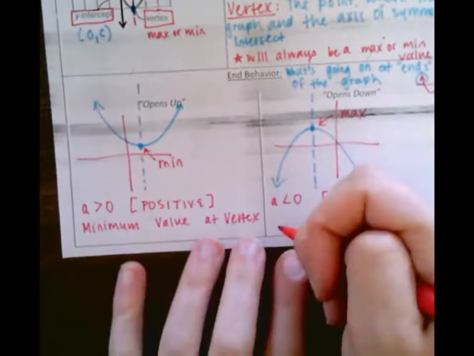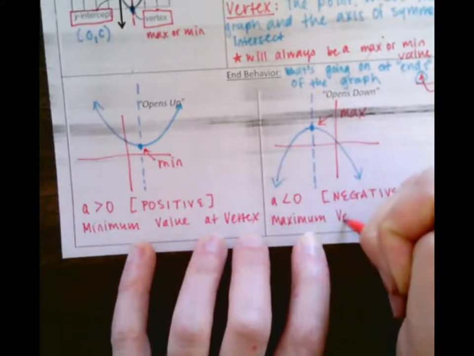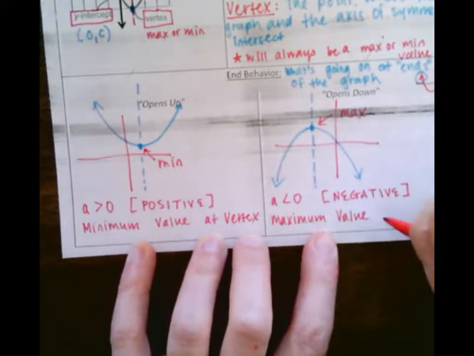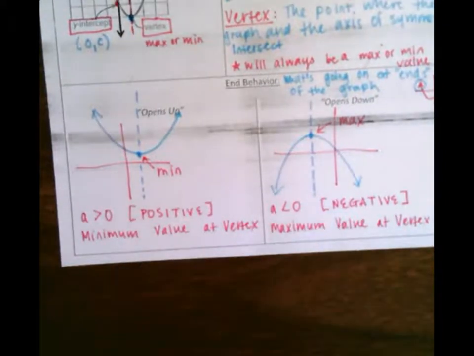And if it's opening down, we'll have a maximum value at the vertex.